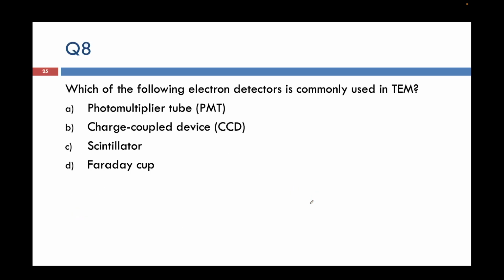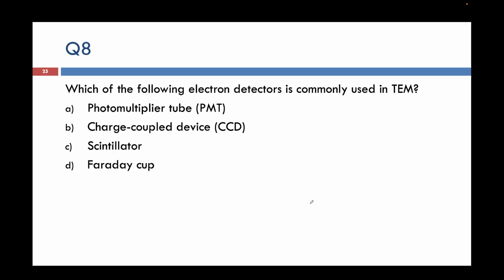And which of the following electron detectors is commonly used in TEM? Photomultiplier tube, charge coupled device, scintillator, Faraday cup. Which one? Scintillator? No, scintillator is not used.